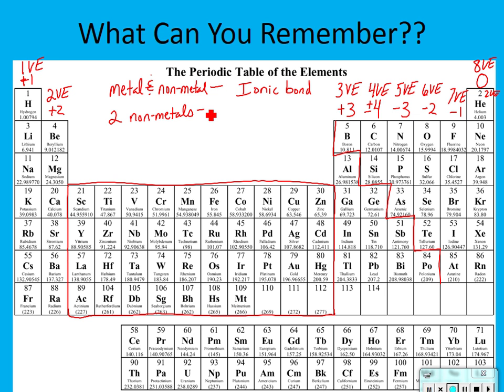Okay, two things above the staircase would be a covalent bond. Okay, and what if it's two metals? Yeah, good. That one's easy to remember. It's two metals. It forms a metallic bond. Okay, that's pretty good from first year chemistry. If you can remember all of that, you're doing pretty good.